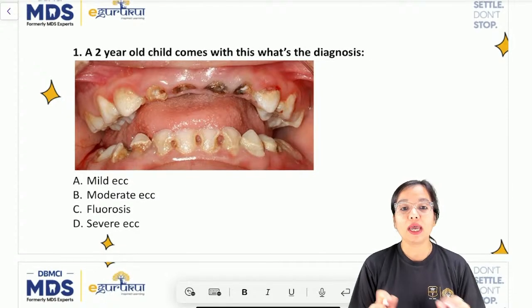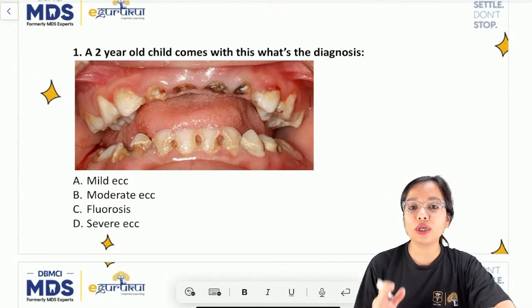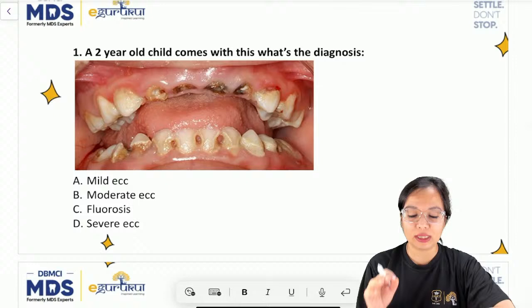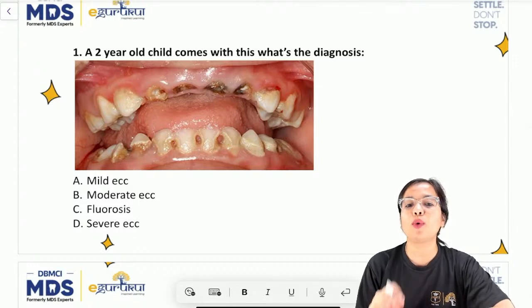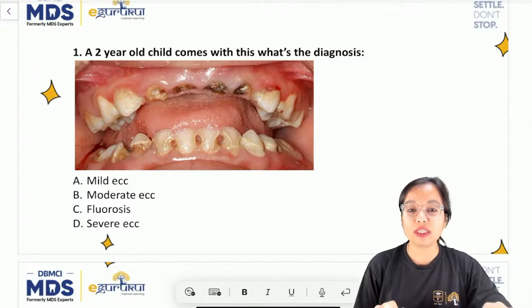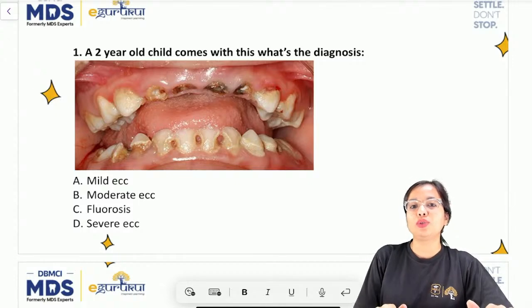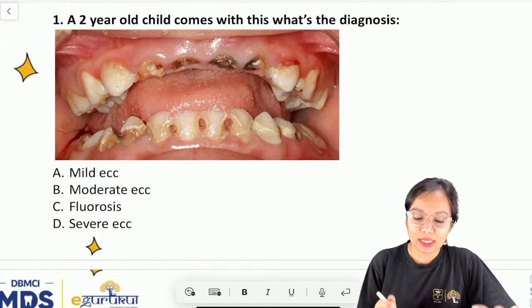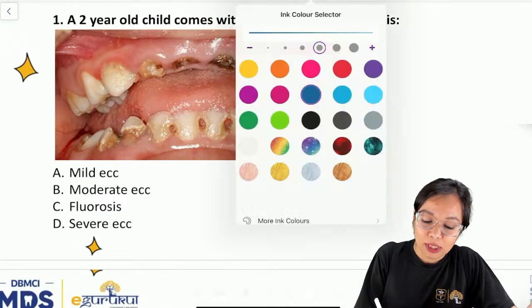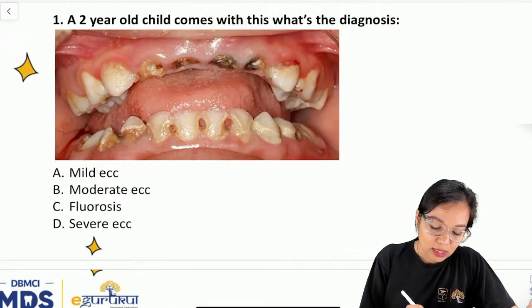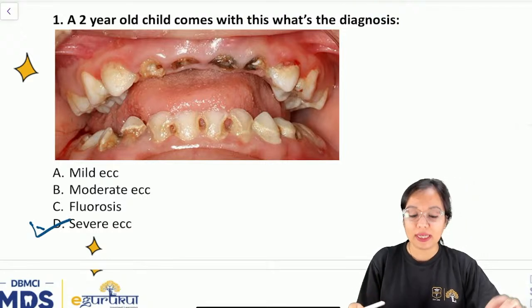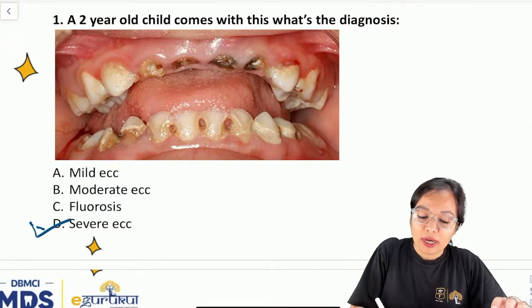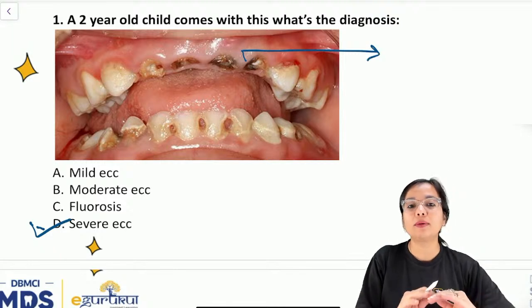So let us begin with the first question that came in your exam. The first question was, a 2-year-old child comes with this particular condition, and what is the diagnosis? So you were given this particular image and they asked you the diagnosis of this child. So undoubtedly the answer here is going to be severe early childhood caries. Severe because, one, the maxillary teeth are completely decayed.